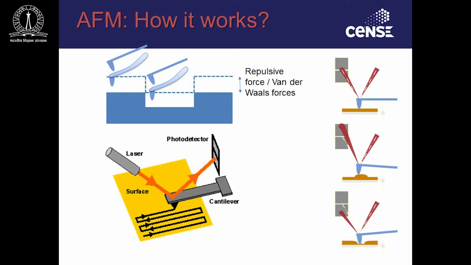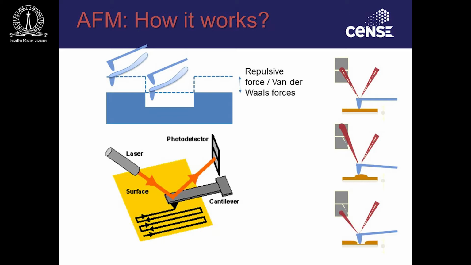So how does it work? Atomic force microscope. If you look at any sample, if this is the surface, this is how the surface is, then the tip that is attached to the end of a cantilever would trace the surface somewhat like this, as it shows on the screen. It would trace the surface like this, depending on where you are doing it.